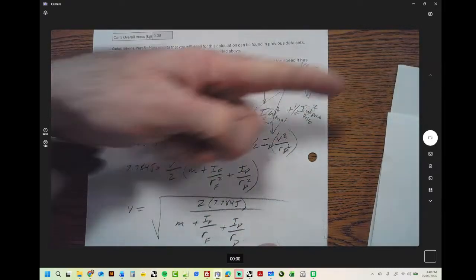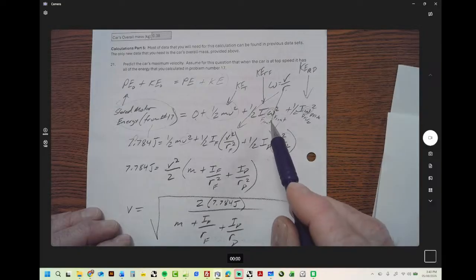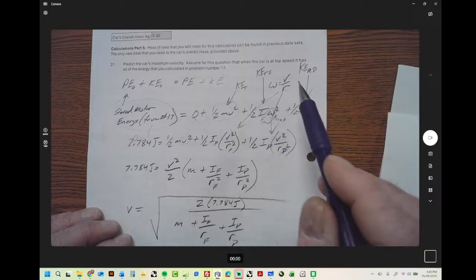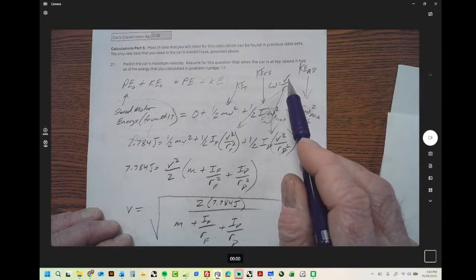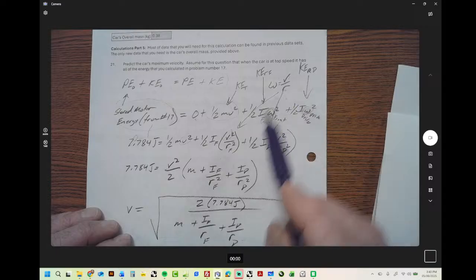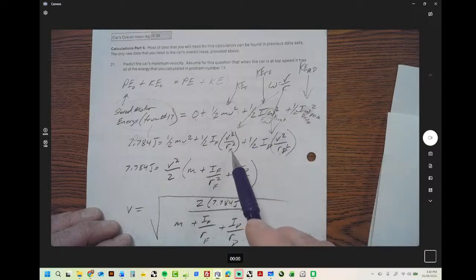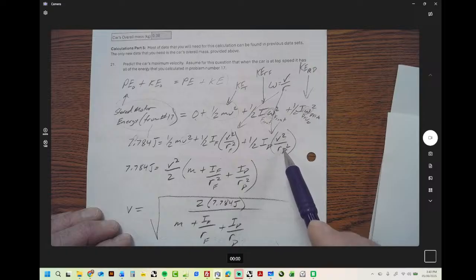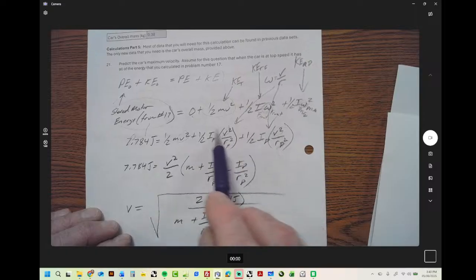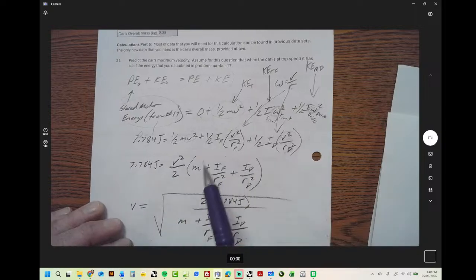Those are the v's that are going this way. But for these different wheels, they have different radii. So when I'm doing the front wheel angular velocity, it's linear velocity divided by its radius. So this is the radius of the front wheel, and it needs to be squared. And this is the radius of the drive wheel, and it needs to be squared.